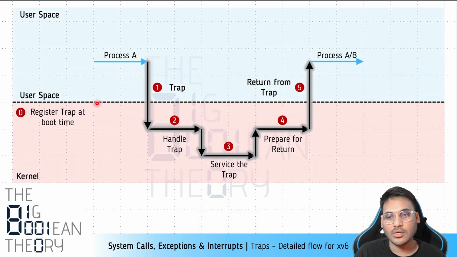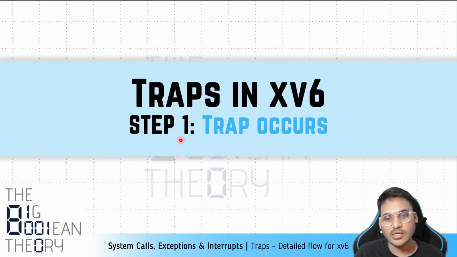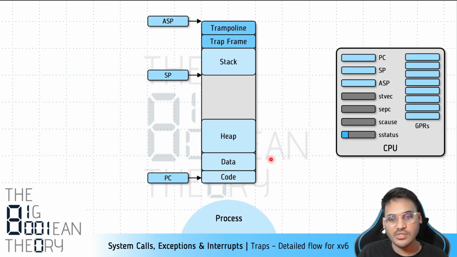The next step is that the trap occurs. So we'll see that step now, step 1. Now what happens when the trap occurs? Let's assume this is the current state of execution. Here you can see the user process is executing at some program counter, basically at some instruction. This is the value of the stack pointer.